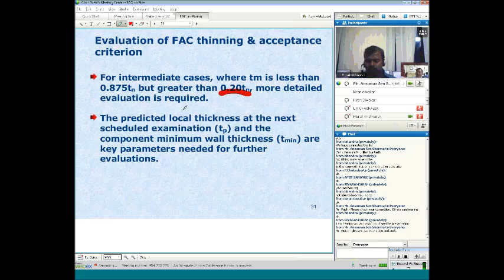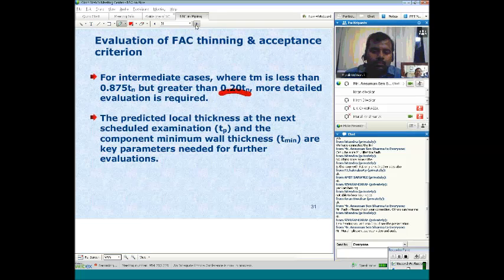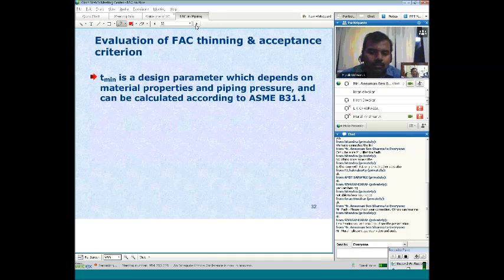Whatever your frequency of thickness measurement, you have to predict the thickness by the next measurement. And you have to take the minimum wall thickness into consideration to check whether you go for further detailed evaluation or wait for the next regular inspection.